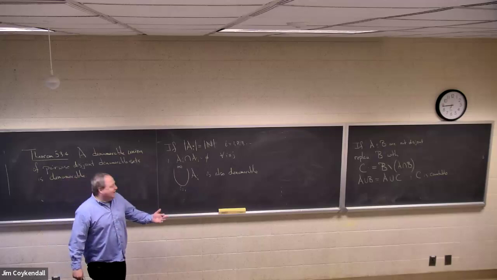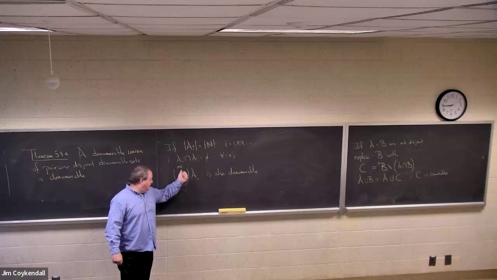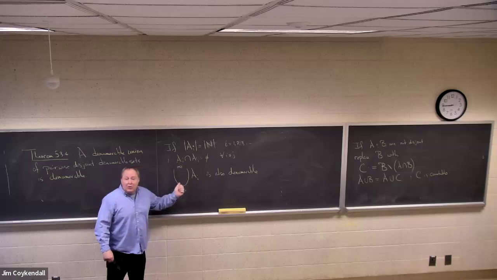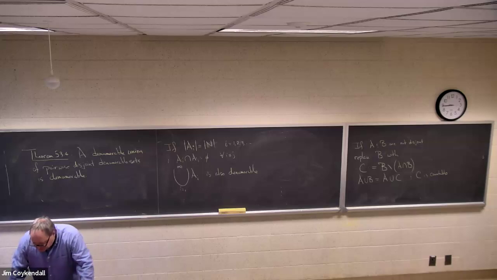So now, if you take an infinite union of denumerable sets, as long as that infinite union is only denumerably many, then it's still denumerable. Okay.